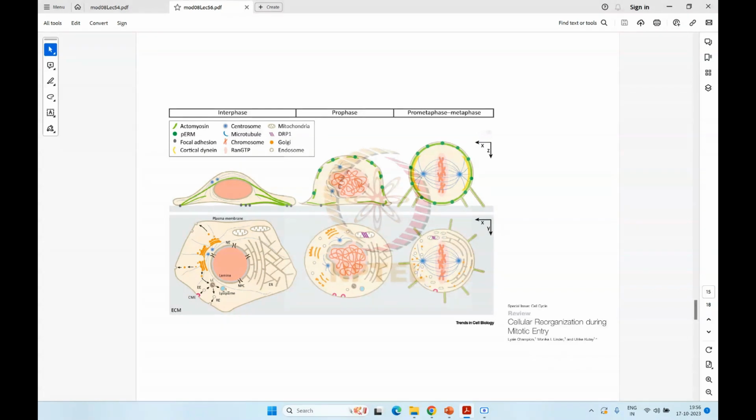In both cases, the cells are going to round up because of the changes in the actomyosin cytoskeleton that happen during cell division.